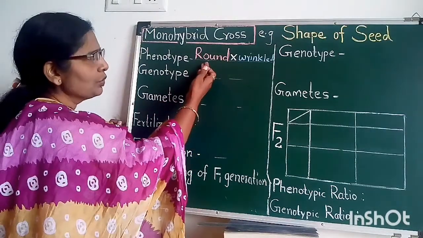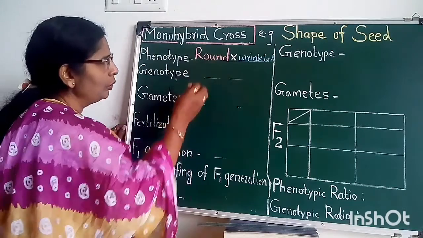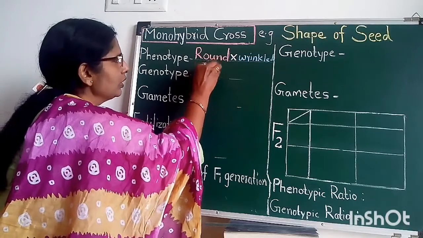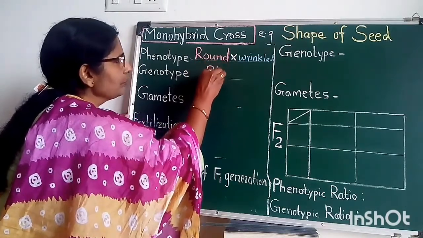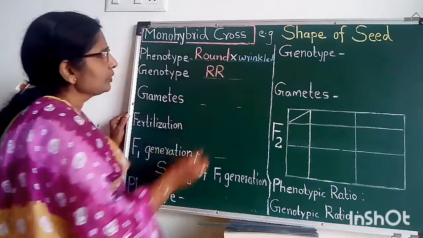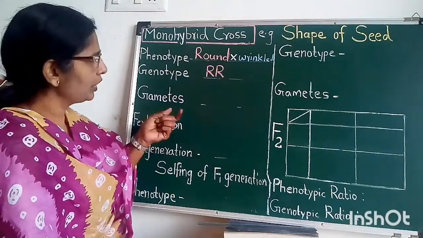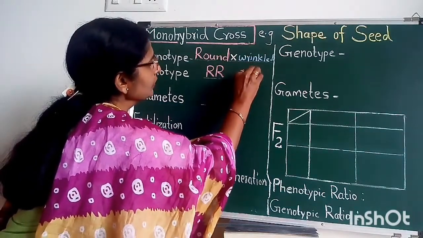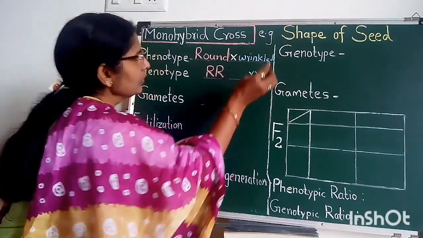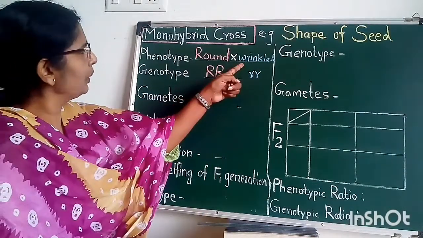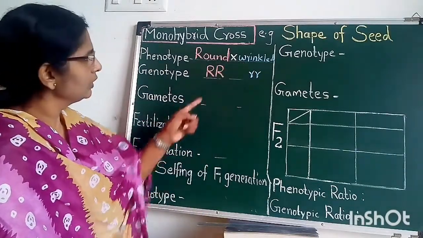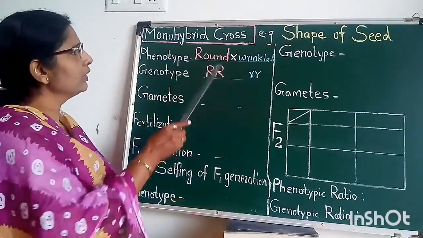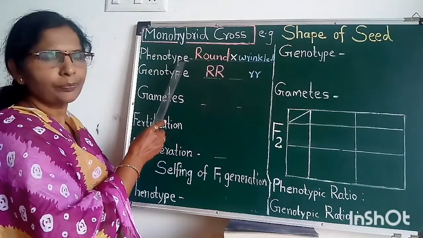As we have used red color for round shape of seed, to mention their genotype, we'll use the same color. So these are the genotypes for round shape of seed. Similarly, we have to use the same color that we have used to mention the phenotype of the seed. These are the genotypes and these are the phenotypes.